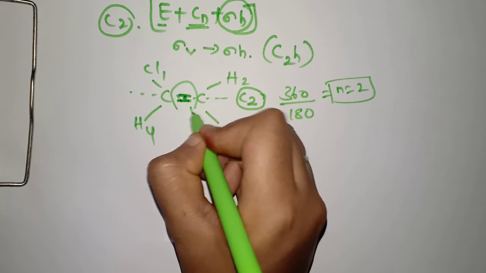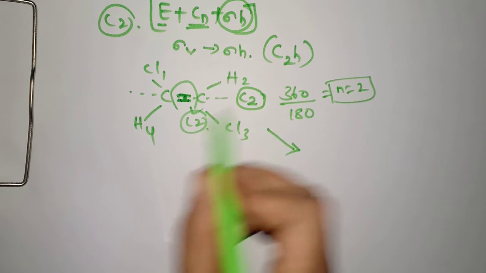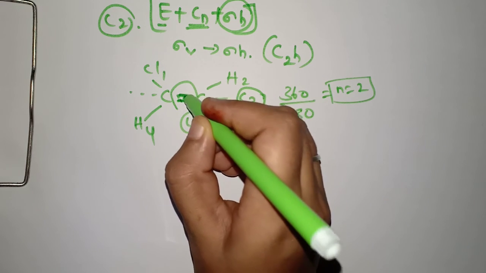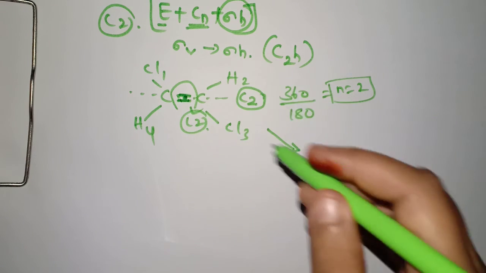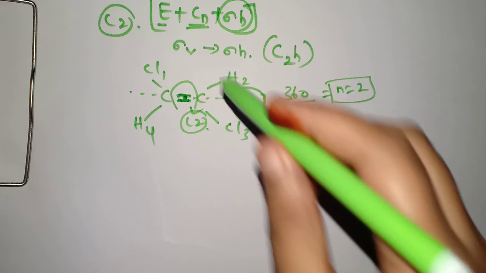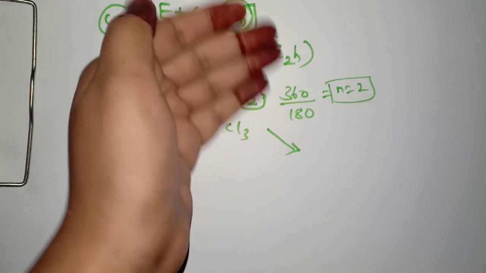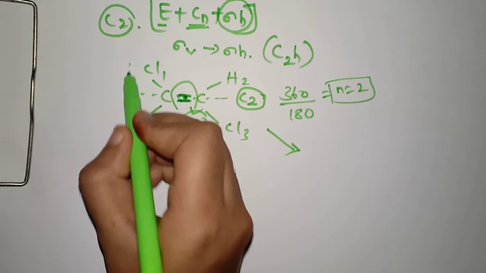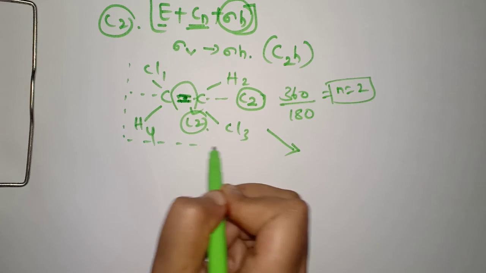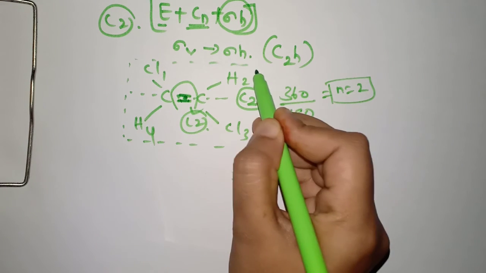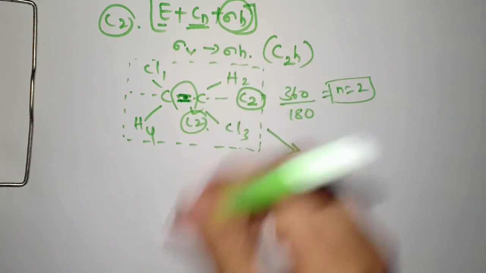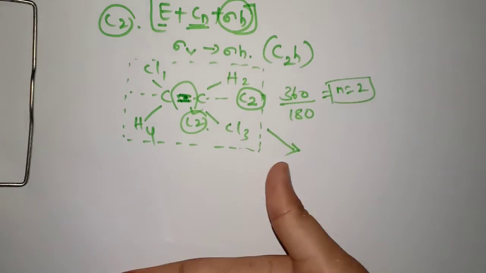We are rotating the molecule by C2 rotations and getting the original configuration. Here it is the principal axis, and this plane is the perpendicular plane, bisecting the molecule like this.